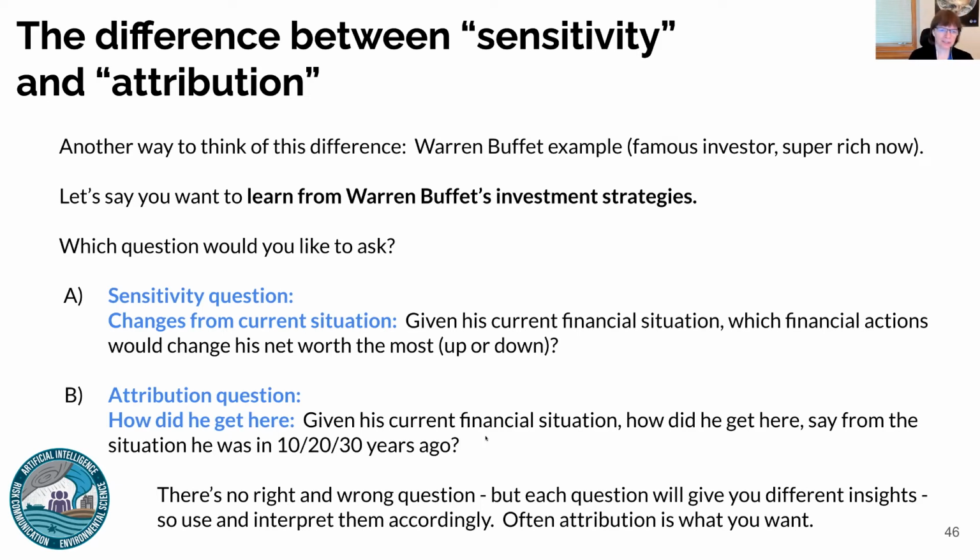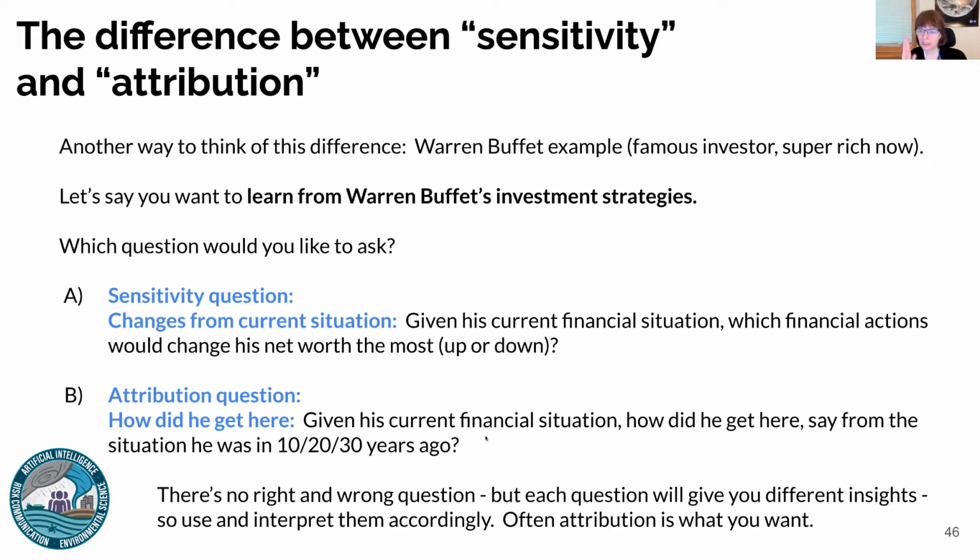If you're asking the sensitivity question, you're asking about changes from the current situation. So given his current financial situation, and again, he's super rich already, right? You would ask which financial actions would change his net worth the most, either up or down.